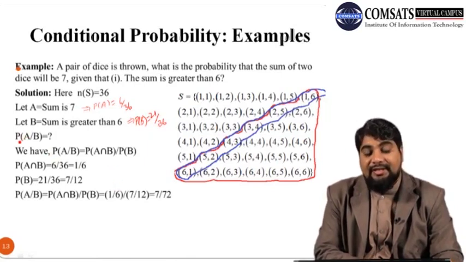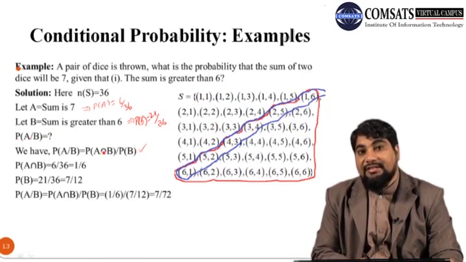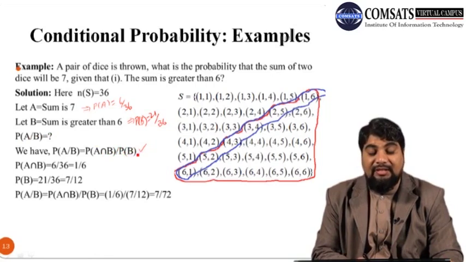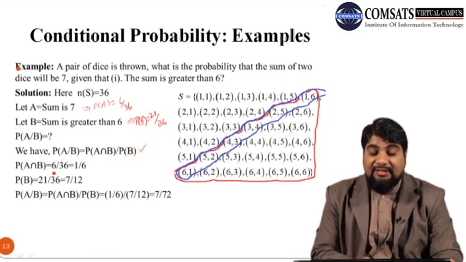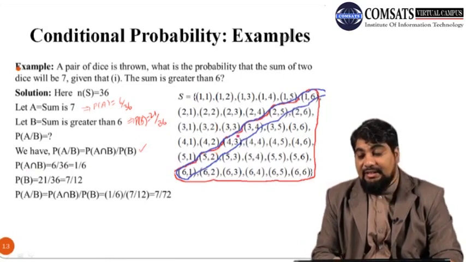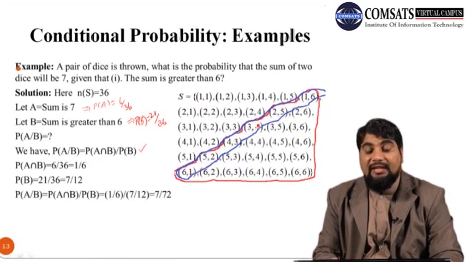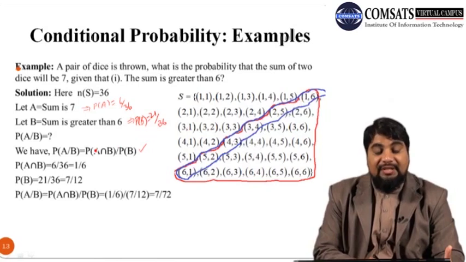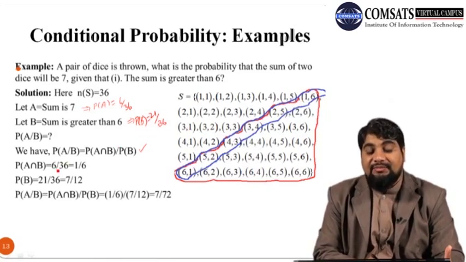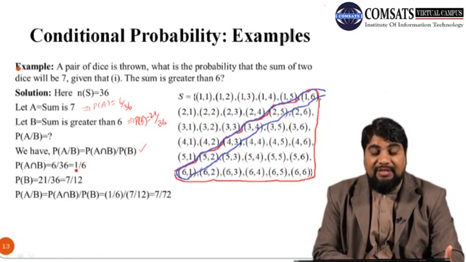We are interested in calculating P of A given B, which is P of A intersection B divided by P of B. First we calculate P of A intersection B. From this diagram you can see that these 6 numbers are common to both A and B. So P of A intersection B is 6 out of 36, or 1 by 6. And P of B is 21 by 36.